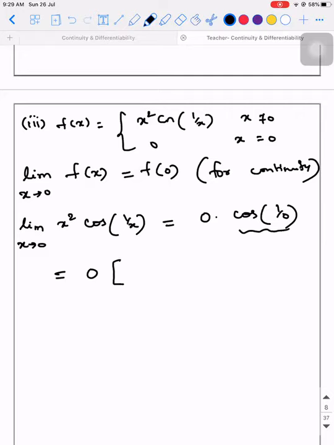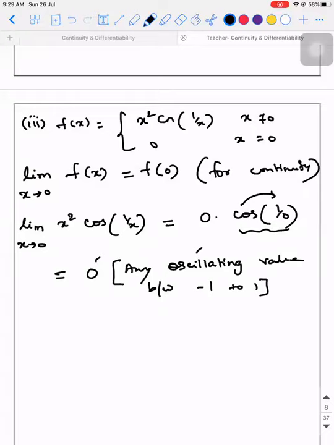It is the real numbers. So inside this cos, if you substitute any real number, what is the maximum and the minimum value that you can obtain? Minus 1 to 1. So 0 into any oscillating value between minus 1 to 1. So 0 multiplied with a finite number will give you a 0.